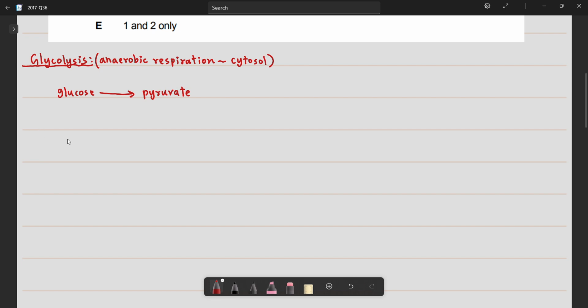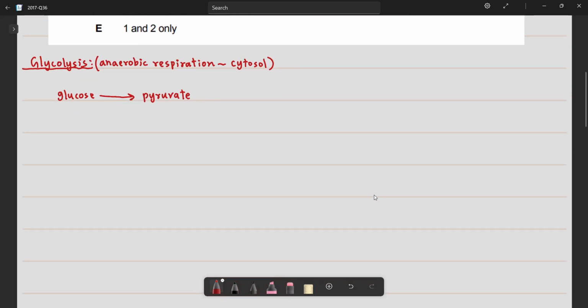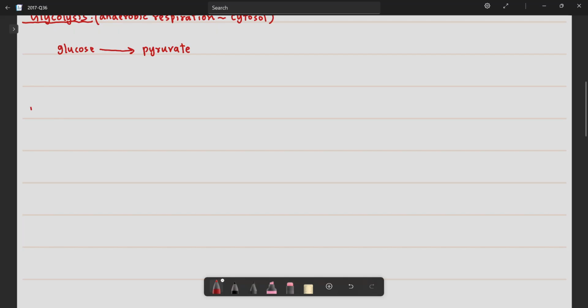Okay, now the next one that we have mentioned over here is pyruvate decarboxylation. Okay, so this reaction is also commonly known as the link reaction.